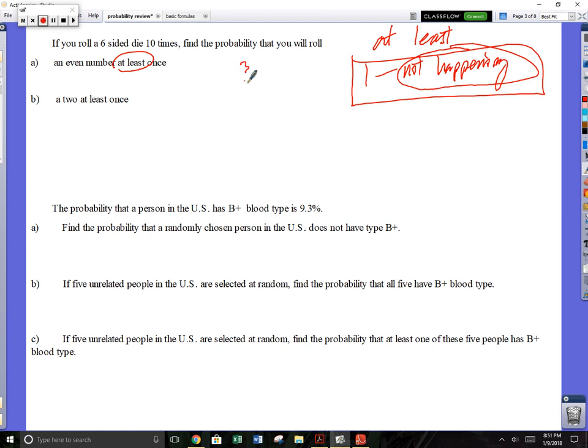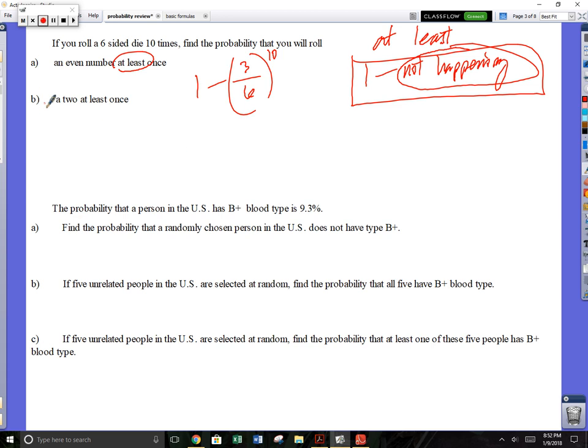There are 3 odds out of 6, and we're doing this 10 times. There's 10 events. So 3 out of 6 to the 10th power. On your calculator, you just type in 1 minus 3 out of 6 to the 10th power, enter. Whatever that is, that's the answer. It's probably very, very likely. It's really good odds that that's going to happen.